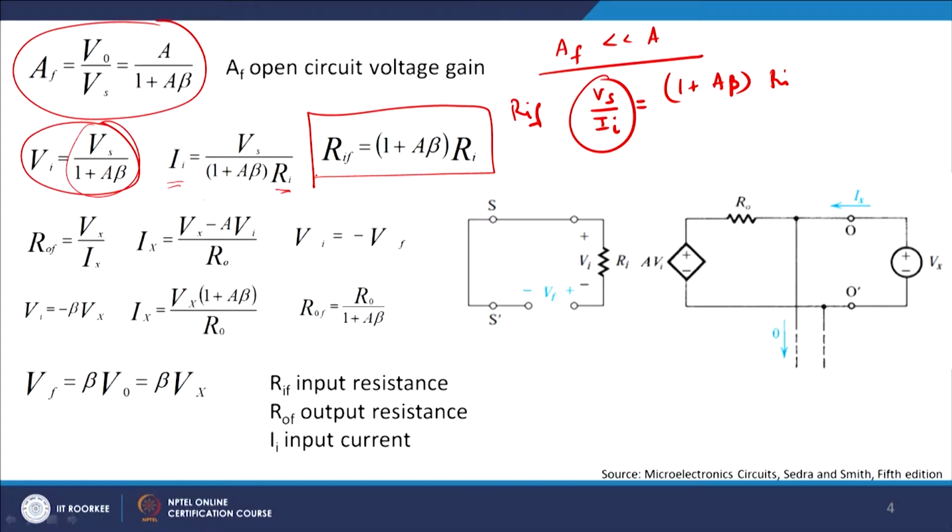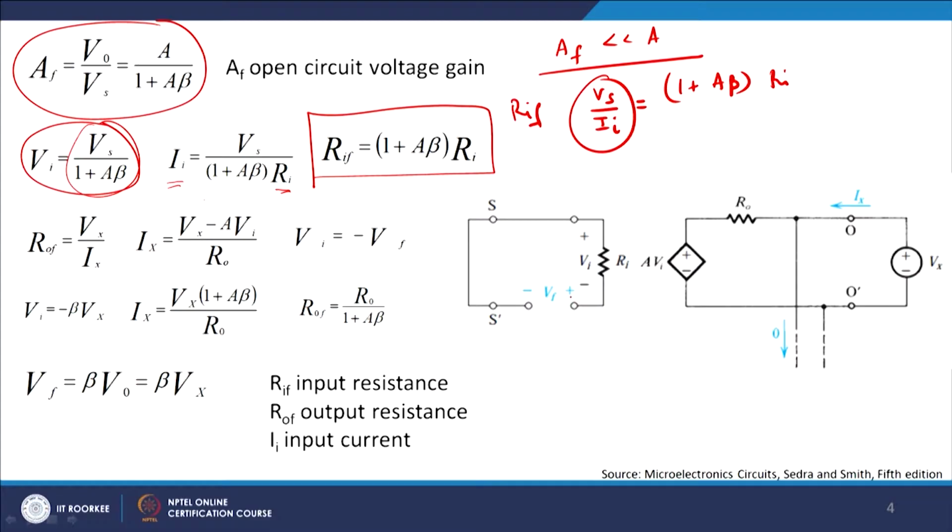Look at the output impedance. How do you find the output impedance? It is very simple. You short the input and give a feedback voltage here, and then apply a source voltage Vx at the output side and try to find the current. Vx by Ix will be equal to Ro, and with respect to feedback I will get the new value of Ro. So, I write Vi equals minus beta times Vx. Why is there a negative sign?